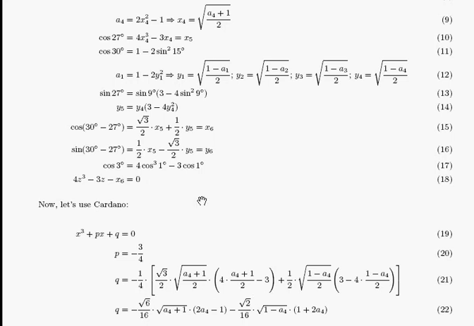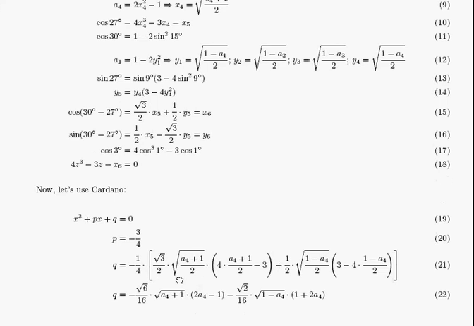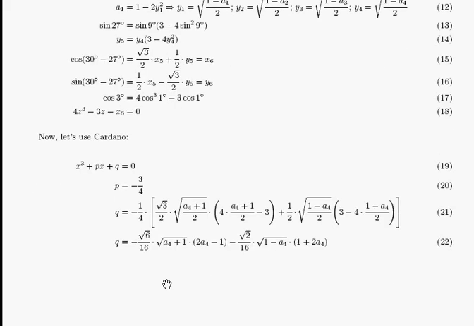And y5 is y4 times 3 minus 4 y4 squared. And who are the 4's? Square root of (1 minus a4) over 2 and square root of (a4 plus 1) over 2. Now go ahead and simplify.